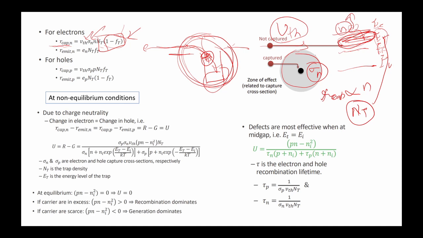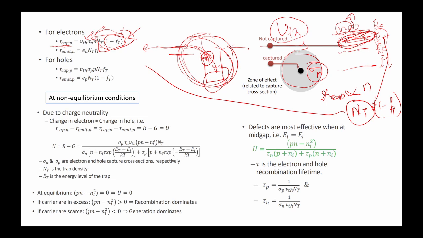But how many trap states are empty is Nt into the probability of finding that empty state, 1 minus ft. So Nt into 1 minus ft is the density of the empty states.